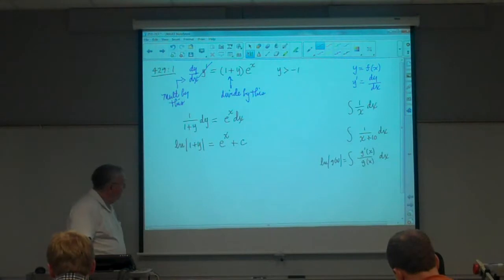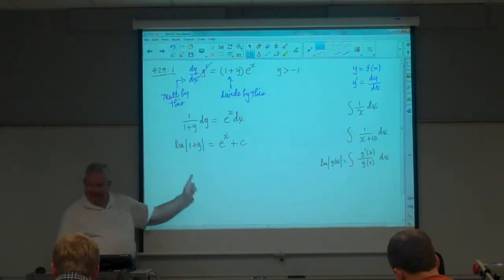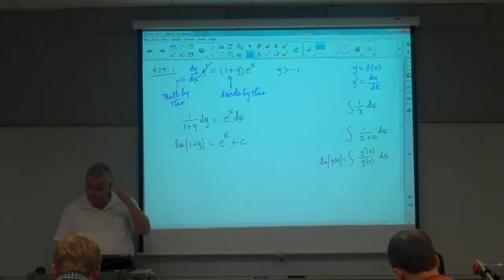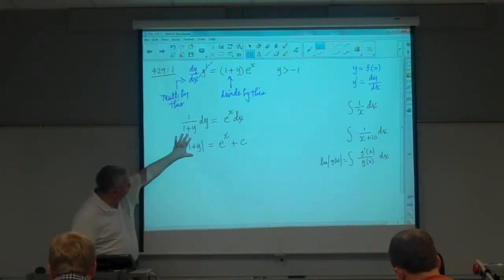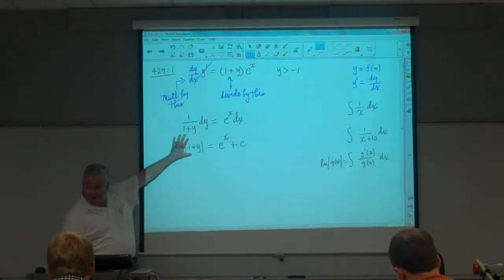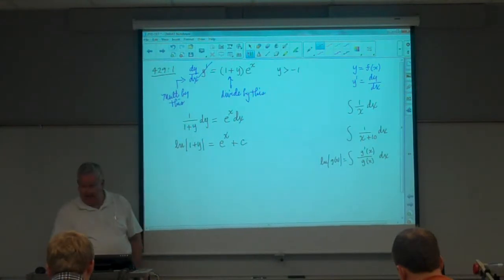I could get to y equal if I could make that log go away. Do you agree? If that log wasn't there, wouldn't I just have 1 plus y? Everybody? So I need real badly for that log to go away.